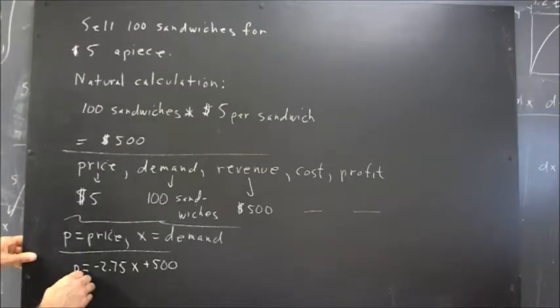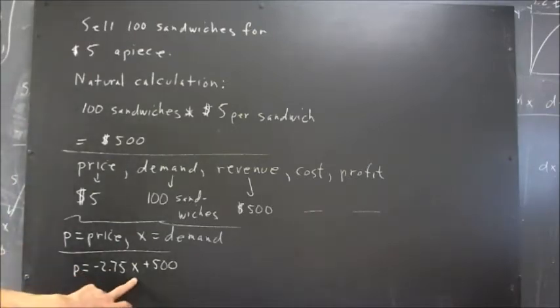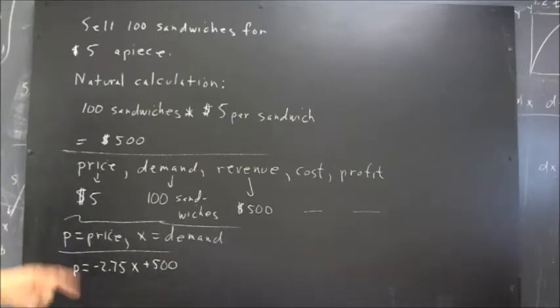Now, we could solve this for x, and we get x is about 0.35 times p, plus about 180 or something like that. But we're not going to do that.